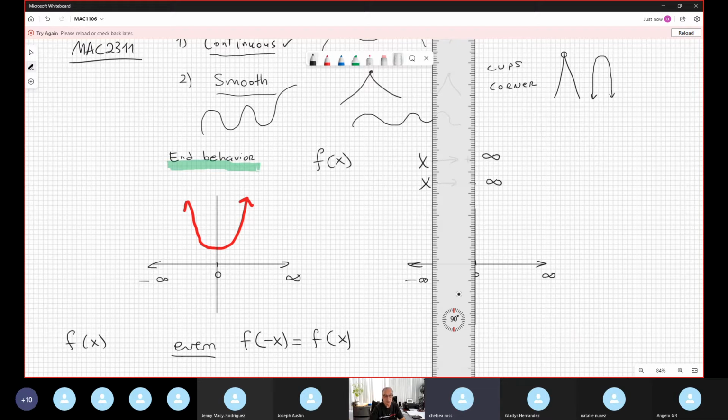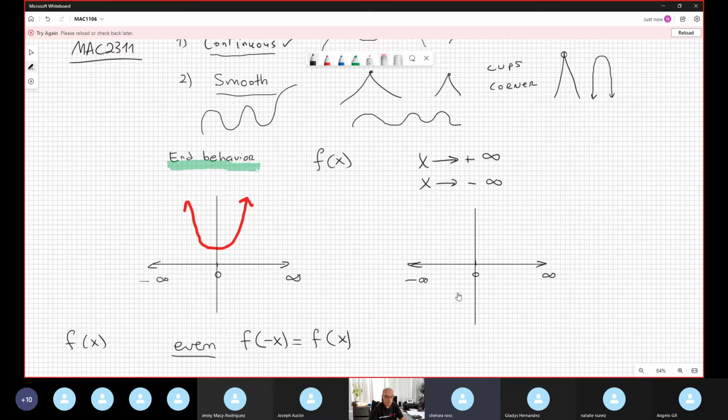And what about the odd function? Odd function is something like that. Odd function is the function that when you produce the same reflection, x to negative x, something happens. It does not stay the same.